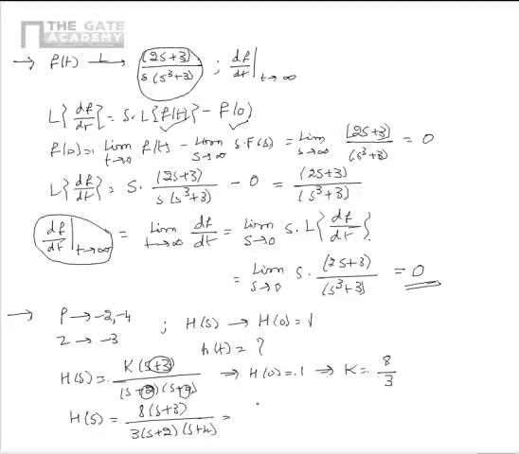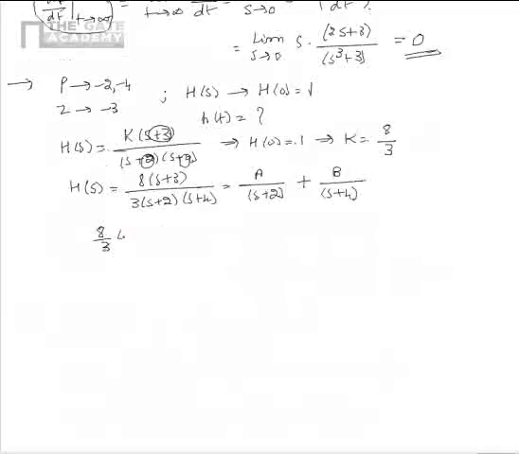Upon splitting this into partial fractions, we get that H of s is equal to A by (s plus 2) plus B by (s plus 4). So upon simplifying the summation, we get that 8 by 3 into (s plus 3) is equal to A into (s plus 4) plus B into (s plus 2).